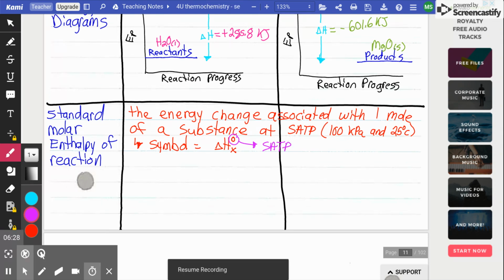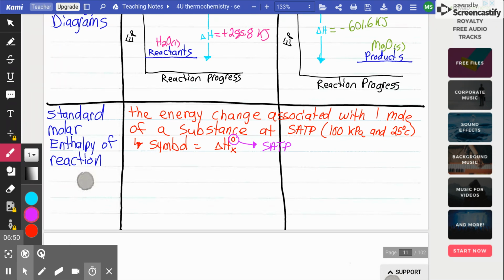The standard molar enthalpy values for an endothermic reaction are positive and for an exothermic reaction are negative. You have to be careful: if you are given the standard molar enthalpy of reaction, that is the energy change associated with 1 mole.